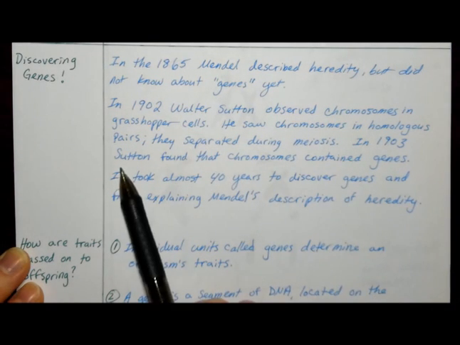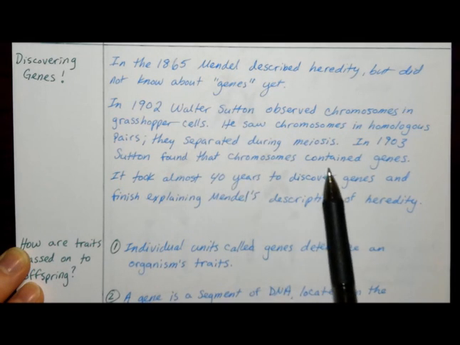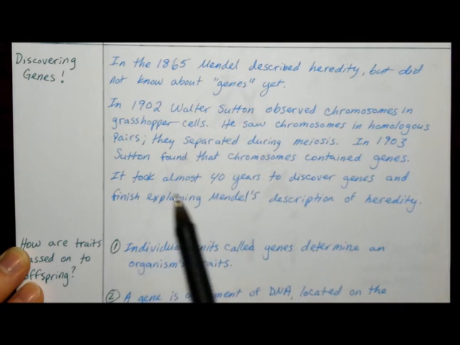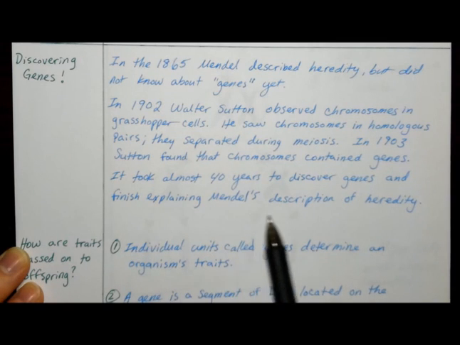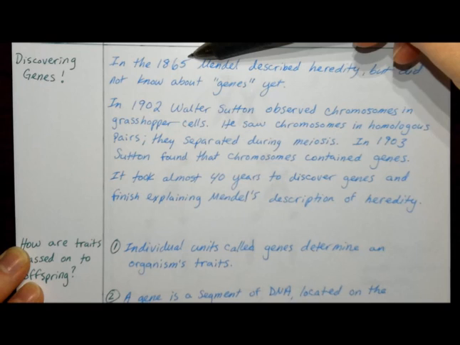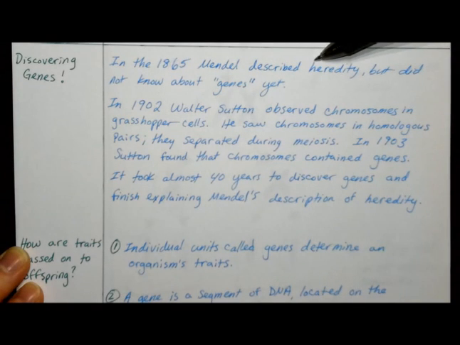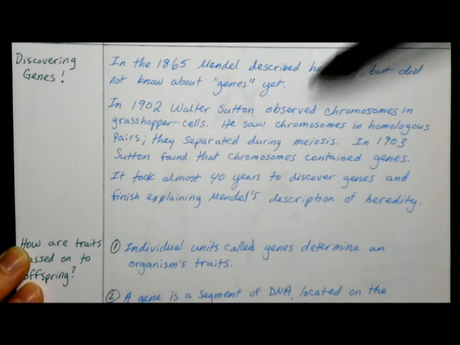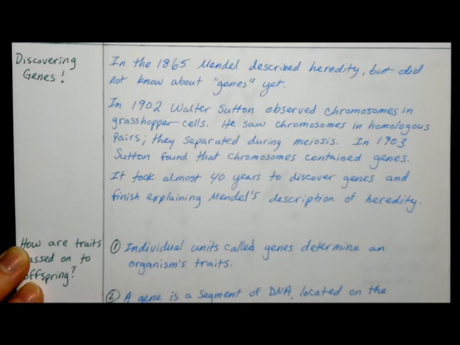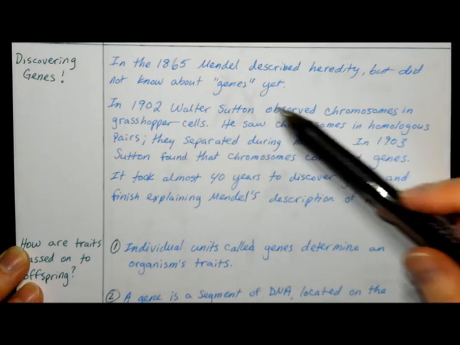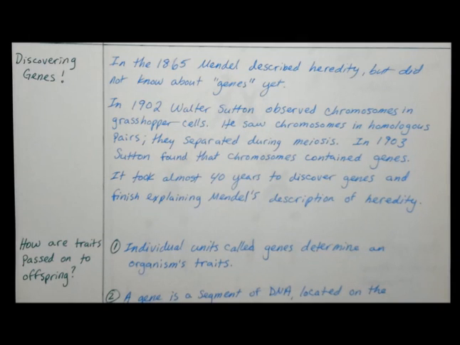In 1903, Sutton found that chromosomes contained genes. It took almost 40 years to discover genes and finish explaining Mendel's description of heredity. So way back in 1865, Mendel described heredity. It wasn't until almost 40 years later, in 1902, 1903, that there was a word that could be used to describe how heredity is passed on.